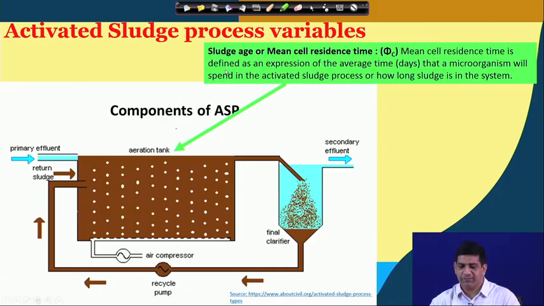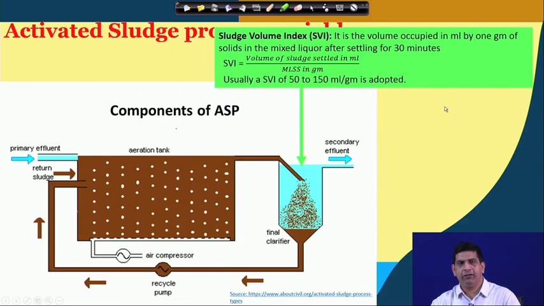Cell age is defined as the average time in days that a microorganism will spend in the activated sludge process. If it is too long, the activity goes down, so we need newer cells coming in.